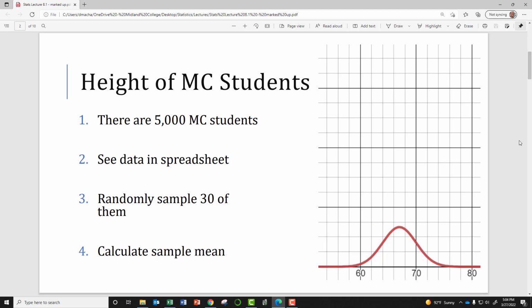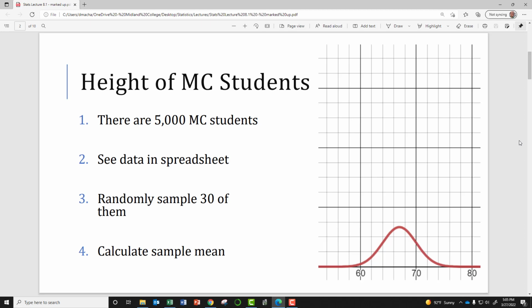Here on the page, that red curve is a normal probability density function curve, the normal PDF curve, which is that classic bell shape. It has a mean of 67 and a standard deviation of about, it looks like, 3 or 4.